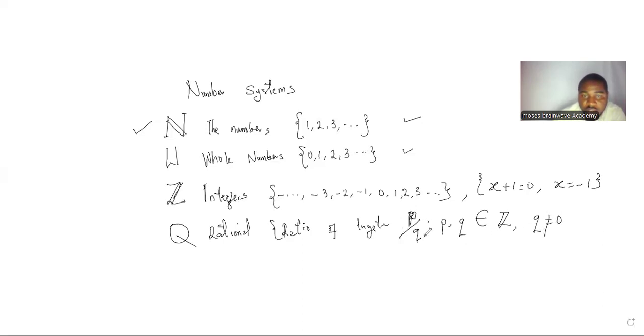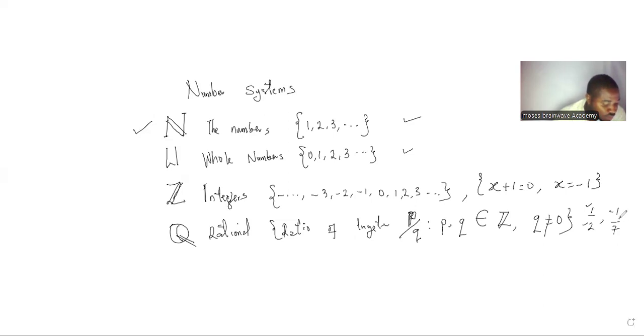You can't have 0 in the denominator. If you see any number represented like this, for example, 1 over 2 or -1 over 7, you can see clearly that this is an integer, this is an integer, and they are represented in this form. So that kind of number is a rational number.